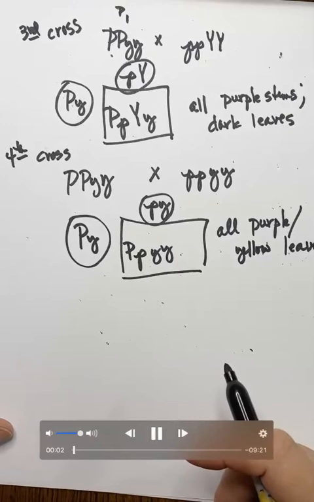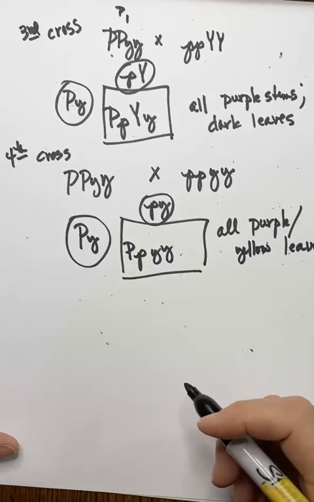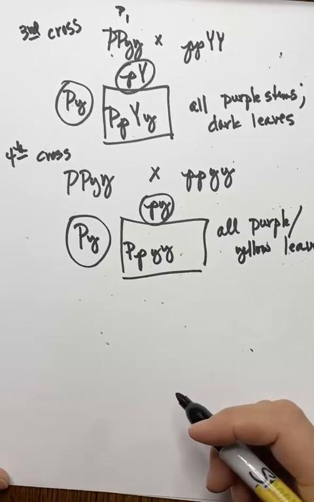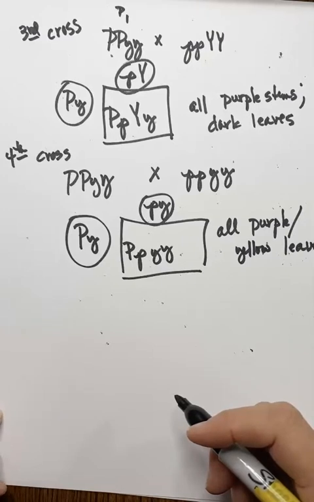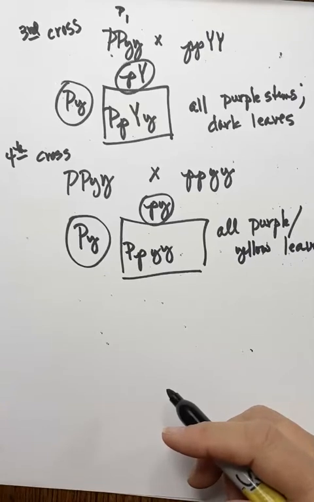All right, here's my next hint. When we're doing these types of crossings, and we get to the F2 generation, where we cross some of the F1 generation. So you have the parental generation, which was our parent 1 and parent 2 that were crossed.